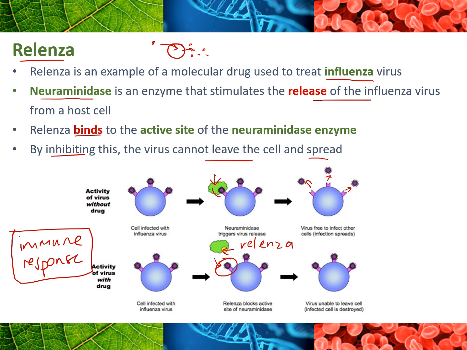How it would have been designed by creating that complementary molecule, complementary in shape and charge to the neuraminidase enzyme, and that by binding with the active site of that enzyme, it prevents neuraminidase from allowing the influenza virus to leave the host cell.